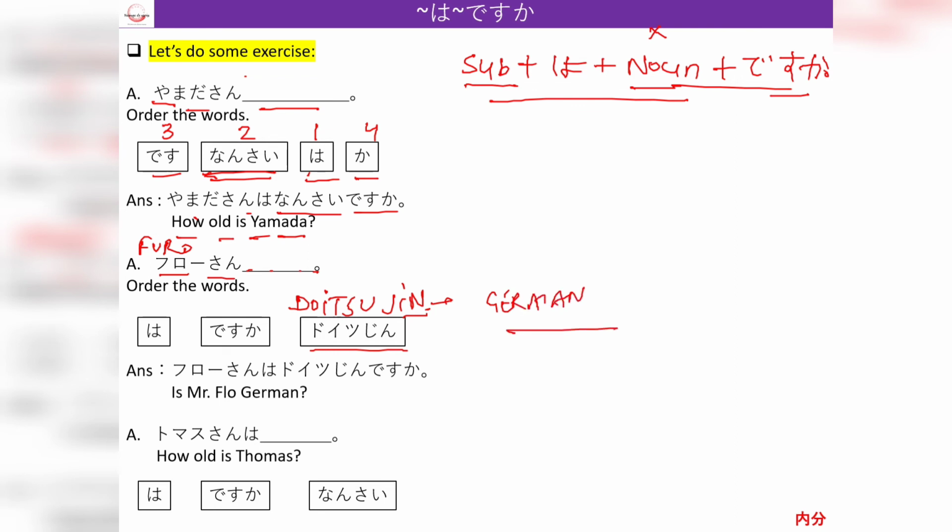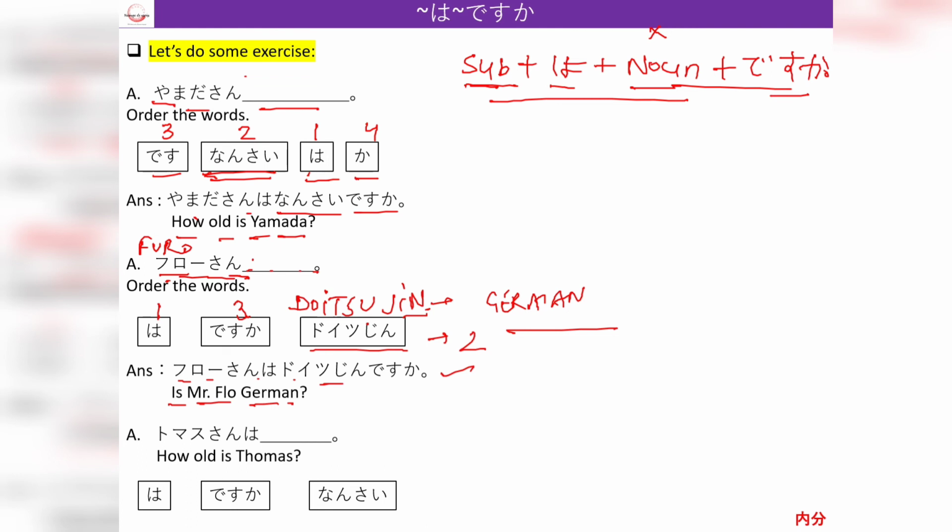And our translation is: Is Mr. Furo a German? So Furo-san is the subject of our sentence. Then we use the wa particle, then Doitsujin, and then desu ka. So our answer would be: Furo-san wa Doitsujin desu ka.